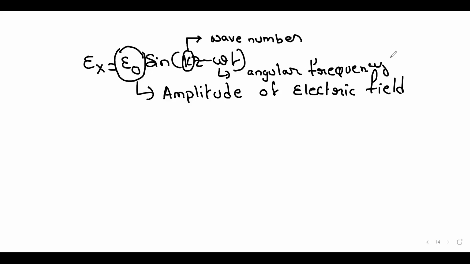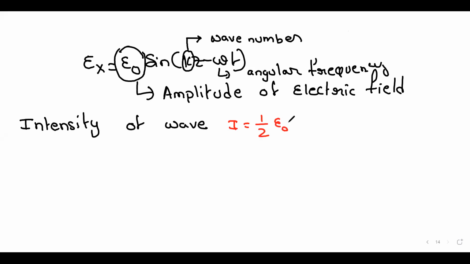So the intensity of a wave formula is I is equal to half epsilon naught E square into C. This is the RMS value, E RMS.